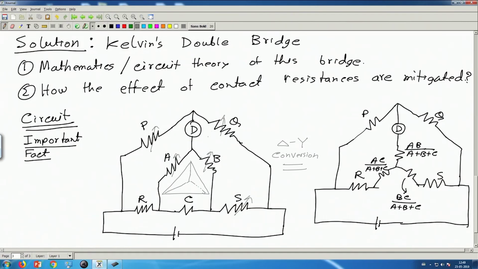Whenever you change any resistance, change it in a way such that the ratio P by Q is equal to A by B always. So, if you change P without changing Q, that means P by Q is changed, you have to change A or B at the same time, so that P by Q equal to A by B is always true.